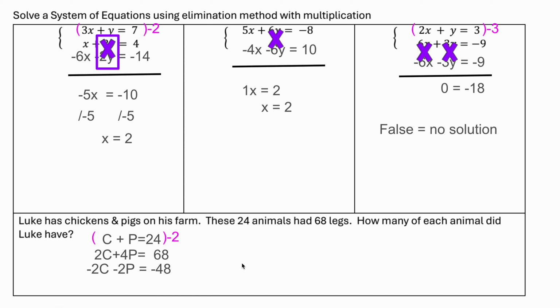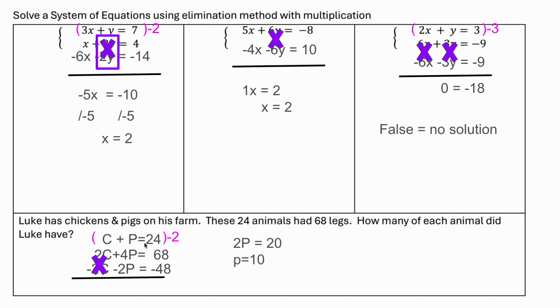I'm going to cancel my c's. What's left is -2p and no, I'm wrong. 4p, okay, let's start over again. 4p minus 2p is going to be 2p, and 68 minus 48 is 20. So I'm going to solve by dividing both sides by 2, and I'm going to get p equals 10.